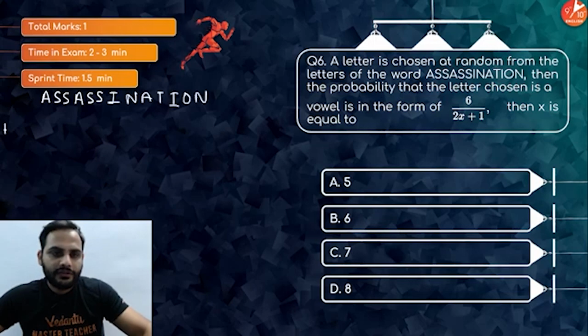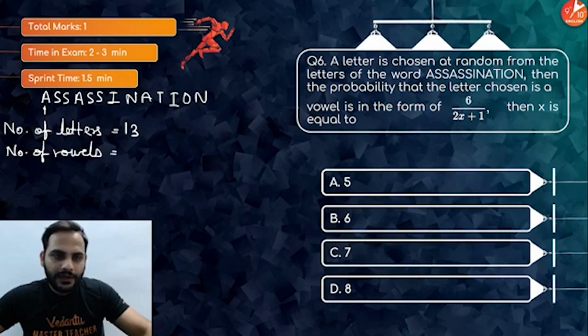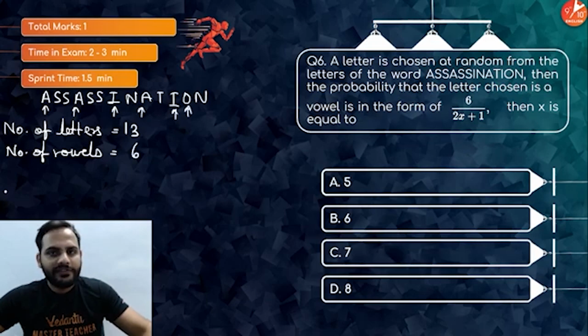Total number of letters we have over here: 1 2 3 4 5 6 7 8 9 10 11 12, 13 letters, out of which let's see how many are vowels. 1 2 3 4 5 and 6 vowels, 7 consonants.